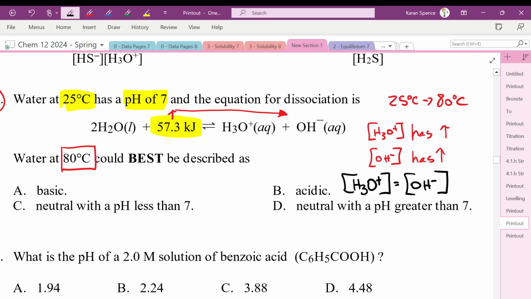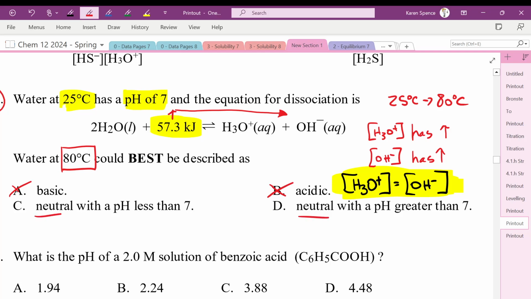If that is true, which options can we eliminate? Tell your partner. If H3O plus and OH minus are the same, we can eliminate option A because it's not basic. We can eliminate option B because it's not acidic. So we do know that it is neutral because those two are equal.